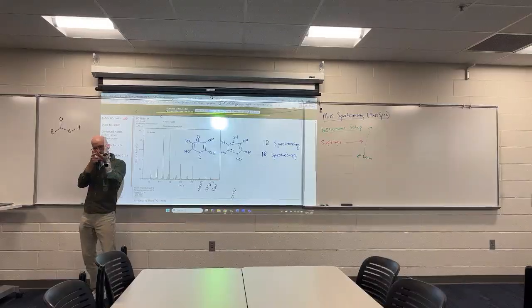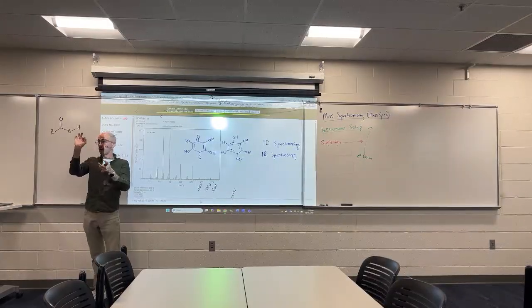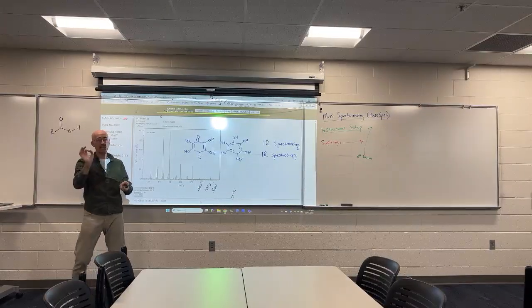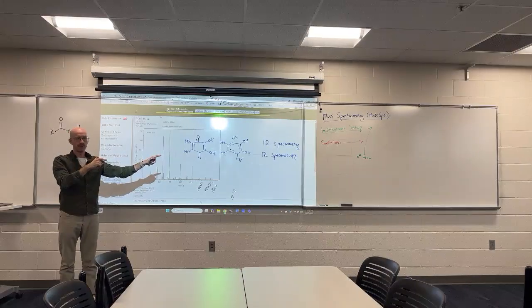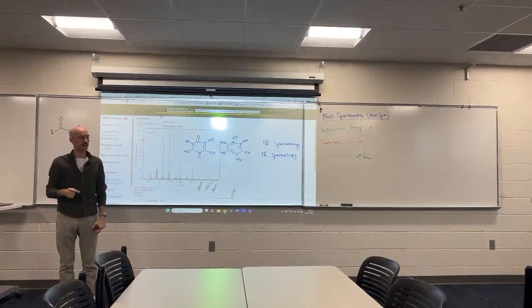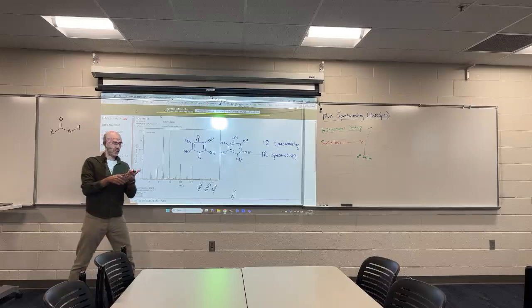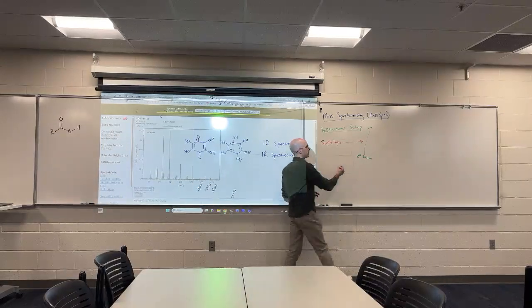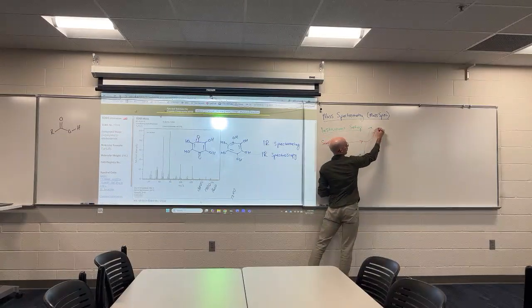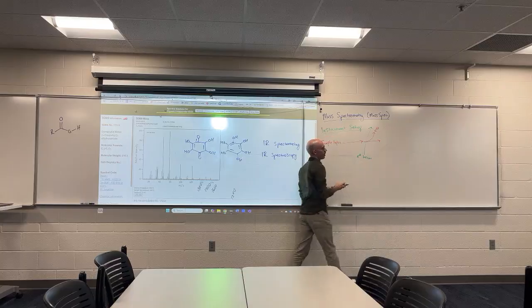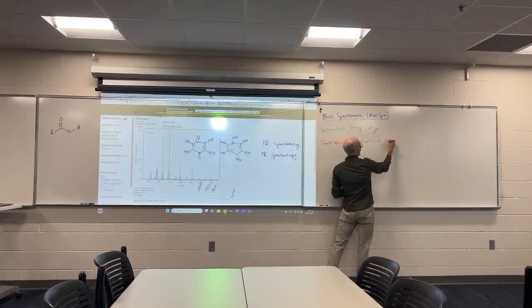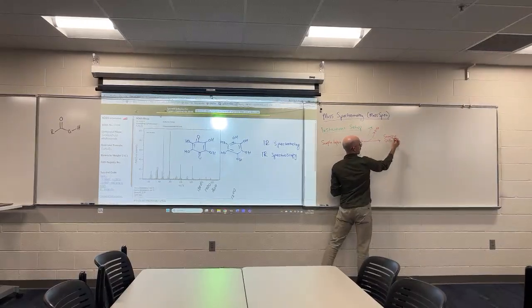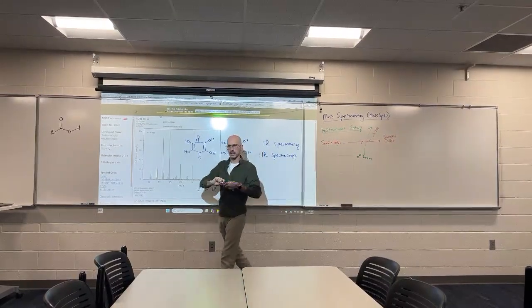That electron beam is going to pick off singular electrons in your sample. You're not adding electrons to your sample. You're actually using the electron beam to rip away electrons from your sample. So in this process, an electron is lost and a cation of your sample is formed.